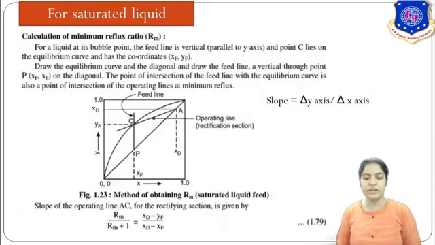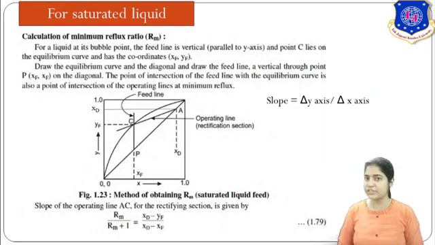First of all, the calculation of minimum reflux ratio for saturated liquid. Here you can see this is your equilibrium curve. The first step is to plot your feed line. As your feed is saturated liquid, it is parallel to the y-axis, vertical. So you plot it from point P, that is your feed condition. Suppose 0.5 is my starting condition.